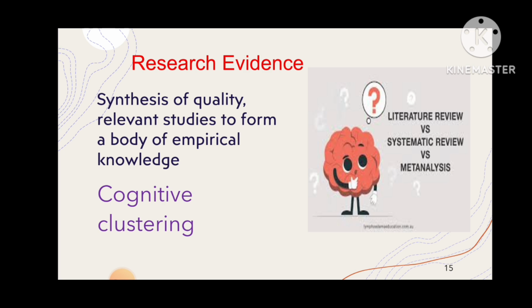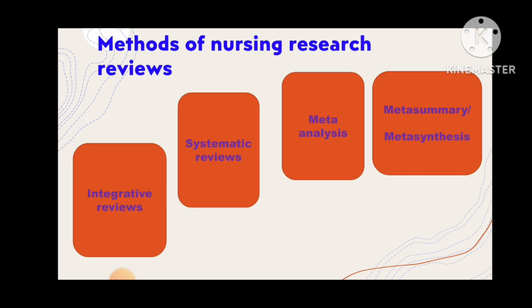Cognitive clustering is done through integrative reviews of literature, systematic reviews, meta-analysis, meta-summaries, and meta-synthesis of the research literature. So these are the various methods of nursing research reviews.